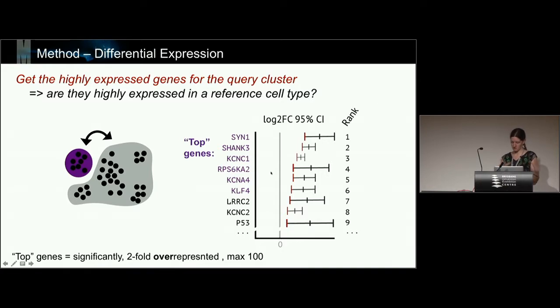And we do that for our query experiment. We also do the same thing for the reference experiment, so this pre-processing stage is just the same. But what we then do with the query cluster that we're interested in is pull out this list of top genes, which are just those that are statistically significantly overrepresented in the query group.